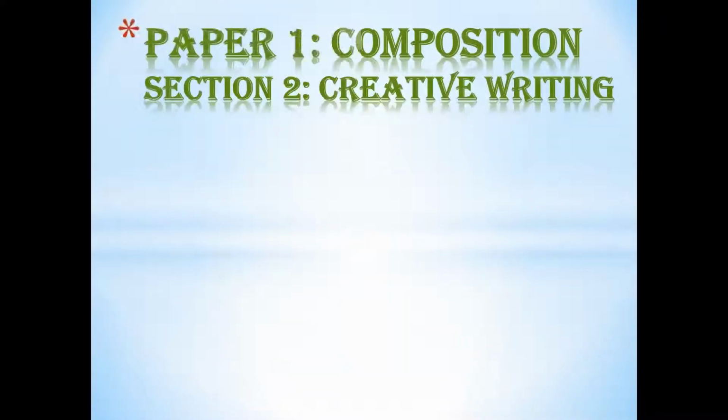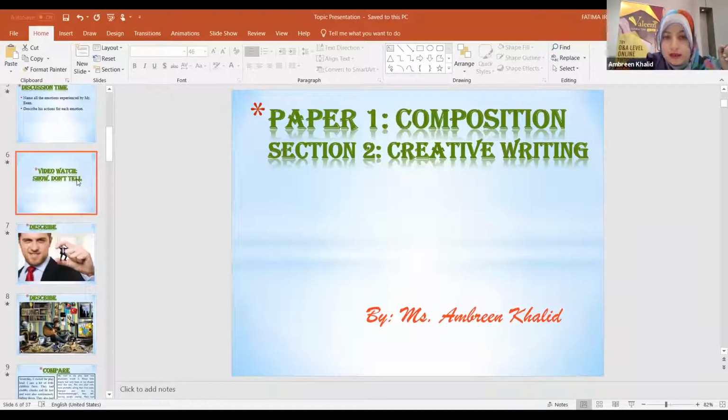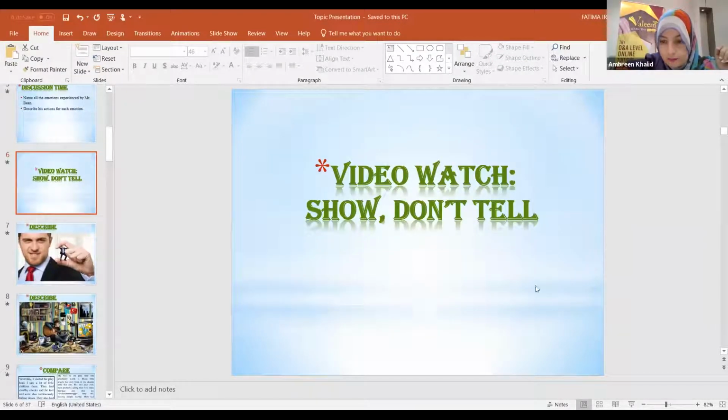Now there's a very short video which I'm going to play right now, which will give you a clear idea of why we are supposed to show what our character is doing, what our character is feeling, instead of telling that my character is angry, frustrated, excited, happy. We need to show. It's a strategy of composition which says show, don't tell.